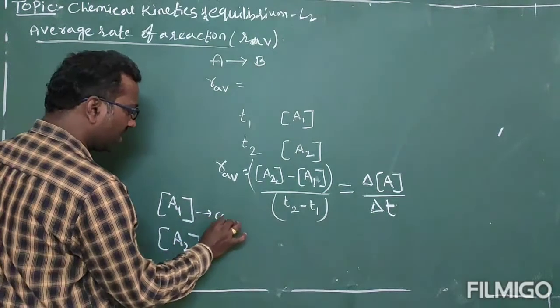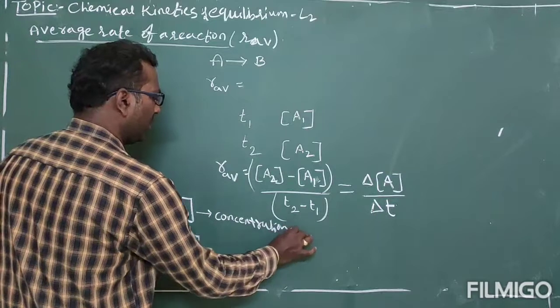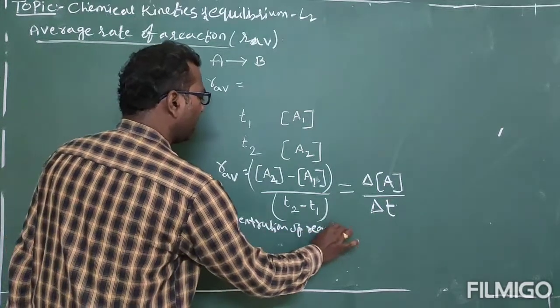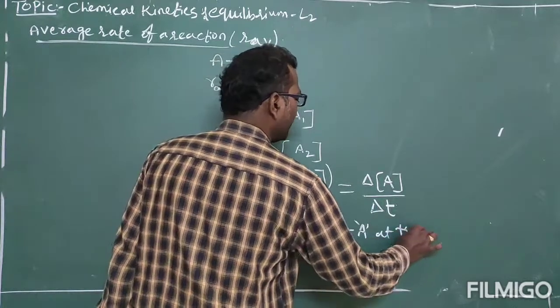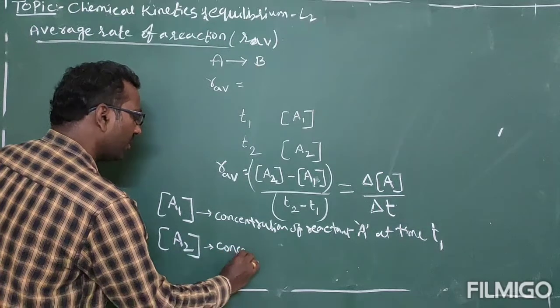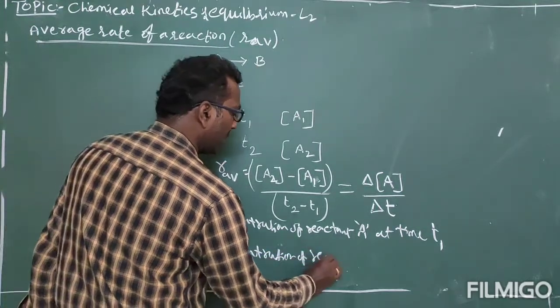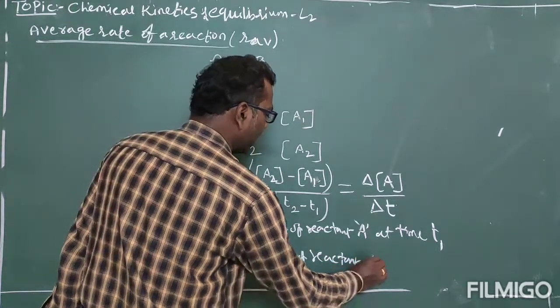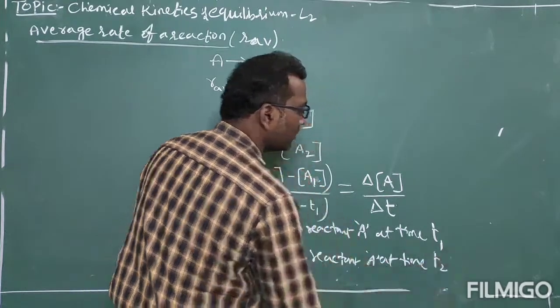A1 is the concentration of reactant A at time T1. A2 is the concentration of reactant A at time T2.